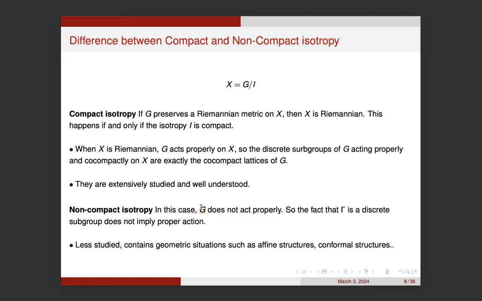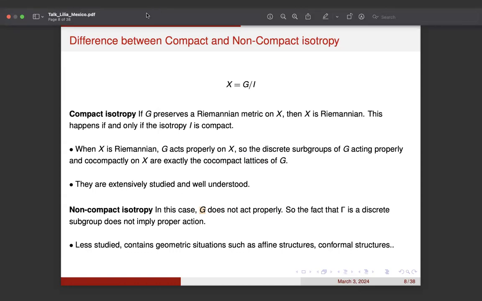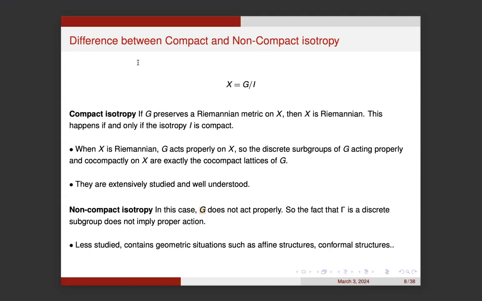The fact that gamma is discrete does not imply that the action is proper. And in fact, this is the main source of difficulty for this question: the difficulty is to find discrete groups acting properly. This proper action is in general difficult to check.